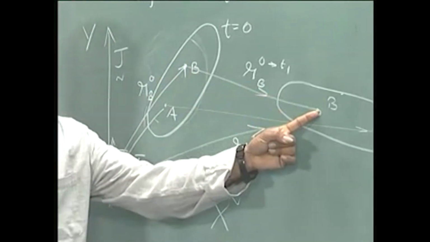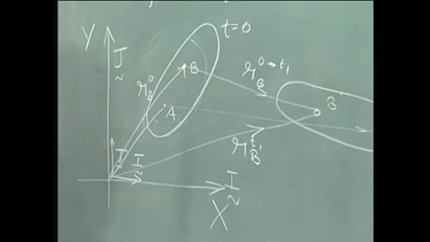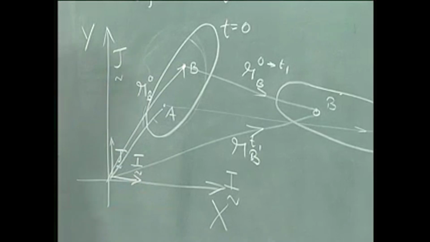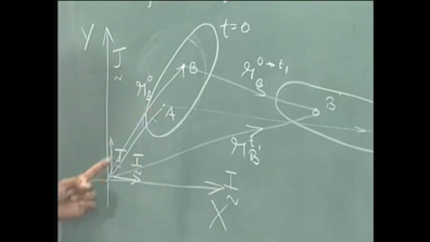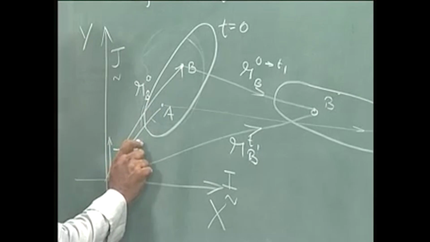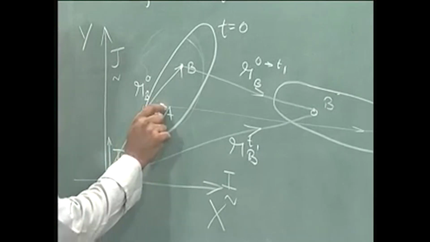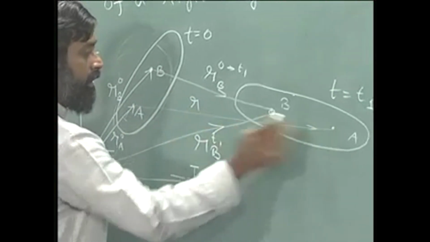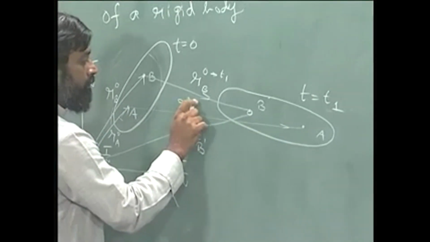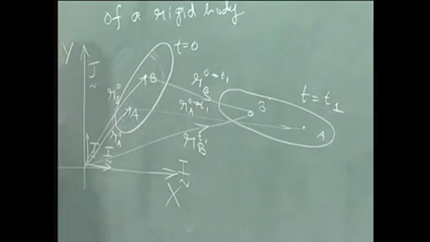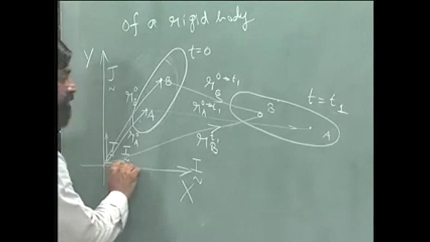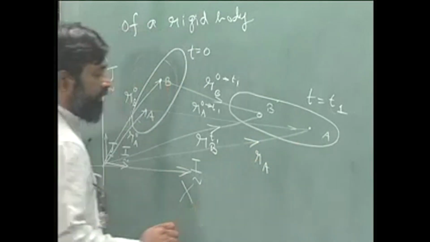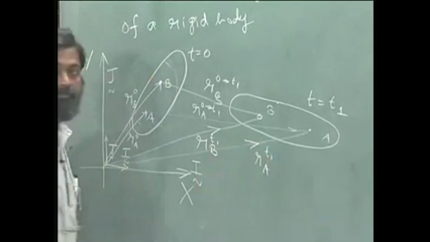This is the motion that has taken place, this is the original, RB naught is the original position. Okay. And in a similar way I will be able to find out RA naught, which is this, and RA taken from 0 to time t1. Okay. So, that will represent the position of A at t1. Okay.